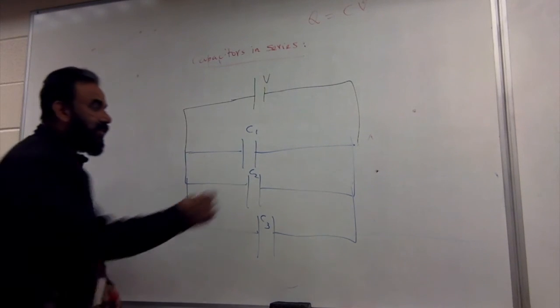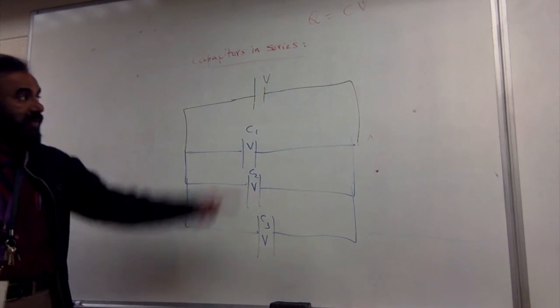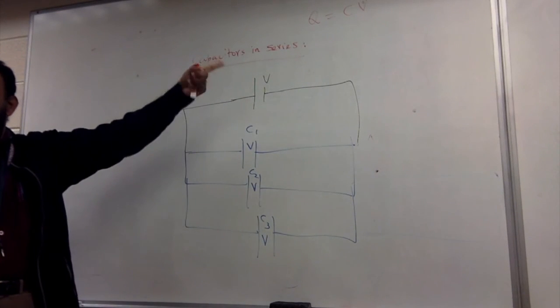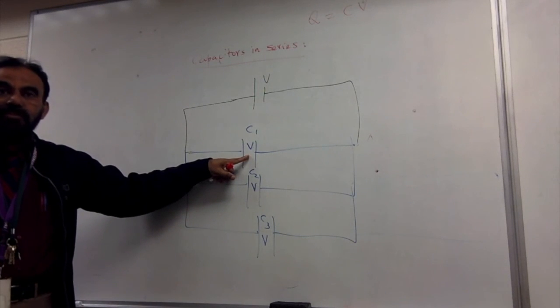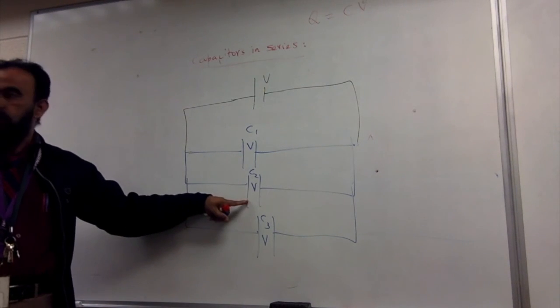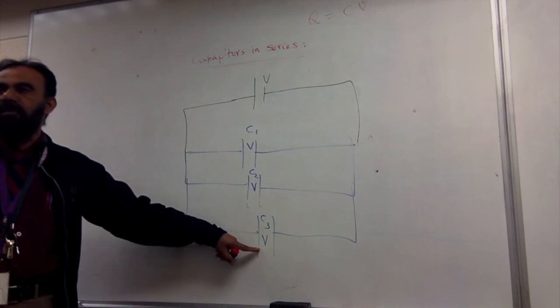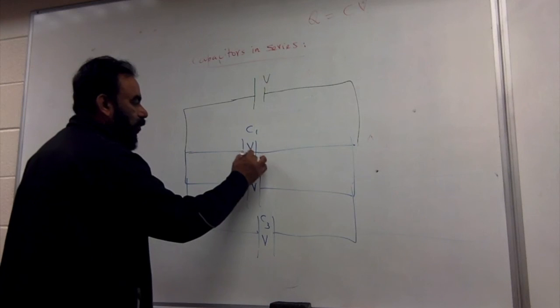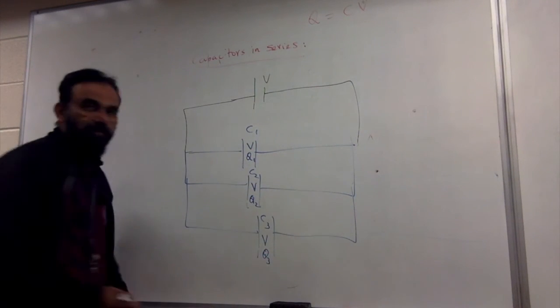It's all V. So V volts, V volts, V volts, they'll all get charged to the same voltage because you're connecting one voltage across all of them. And that means this capacitor is going to charge independent of this, and this capacitor is going to charge independent of this. So let the charges be Q1, Q2, and Q3.